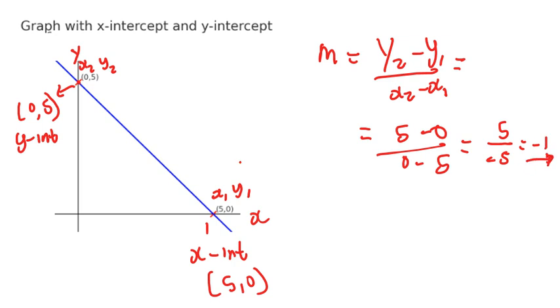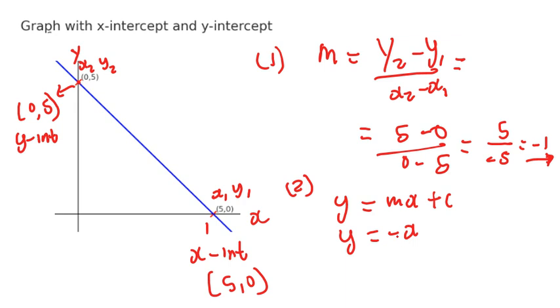That's our gradient. Now we're on number 2: we want to find the equation of a straight line. The gradient is already calculated, negative 1. You can put 1 or you can just leave the negative, because we know there's an invisible one. Negative x. What is our c?